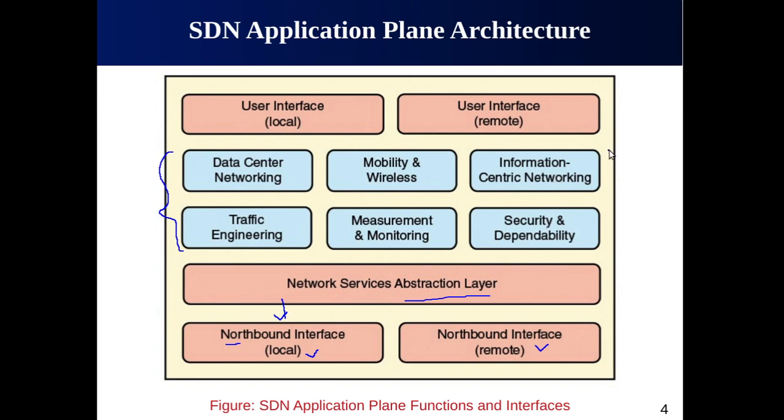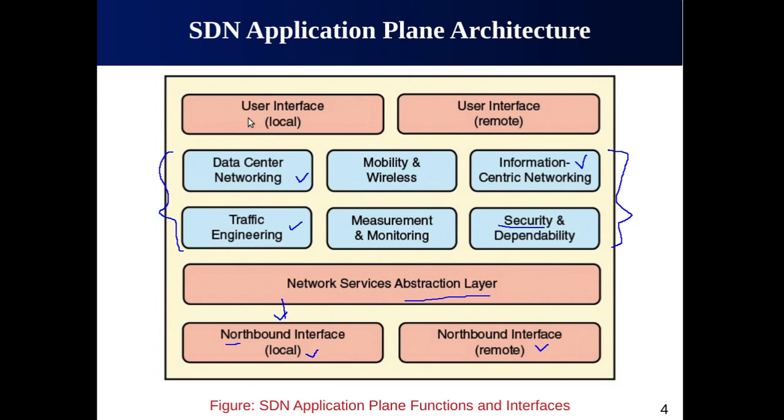We will not cover all these applications, but we will shed some light on data center, traffic engineering, security, and at the end we will explore the concept of information centric networks. So we will come back to these applications at the final stages of this presentation.